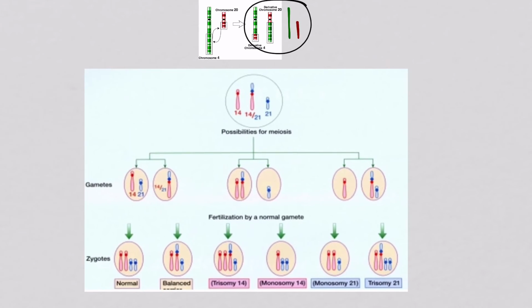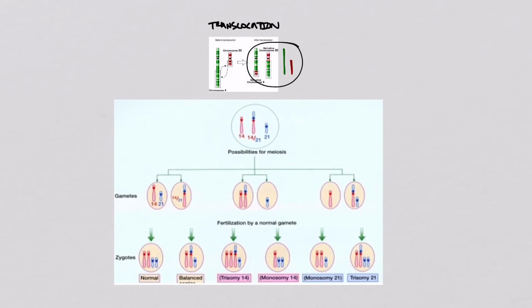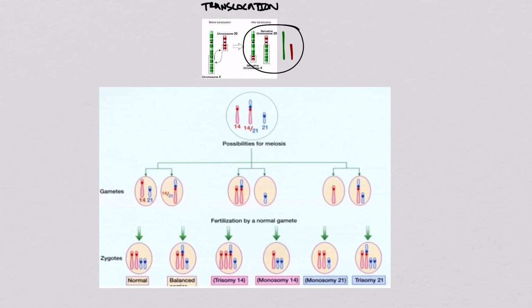So people who have translocations can have kids, but they might have to try multiple times because they have much greater odds of having a fertilized embryo that's going to lead to spontaneous abortion of that embryo.